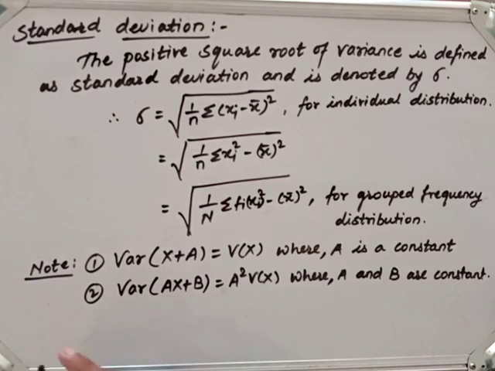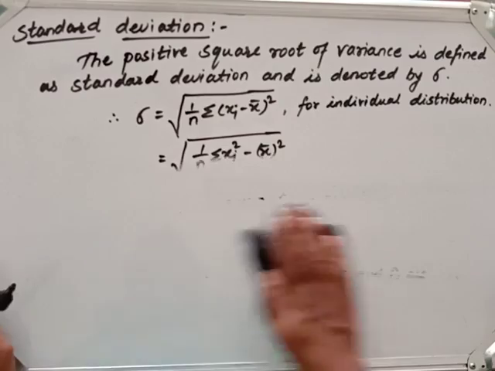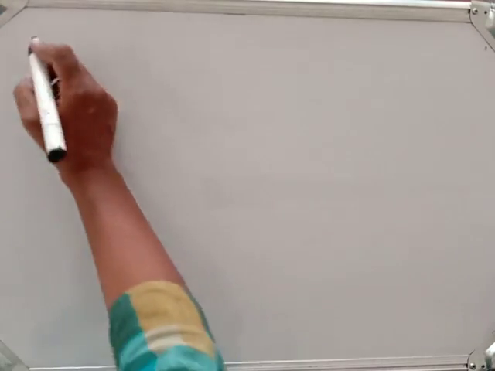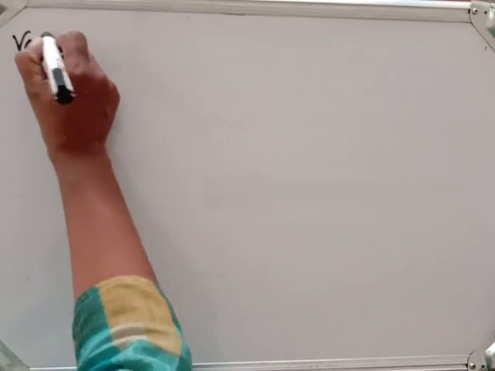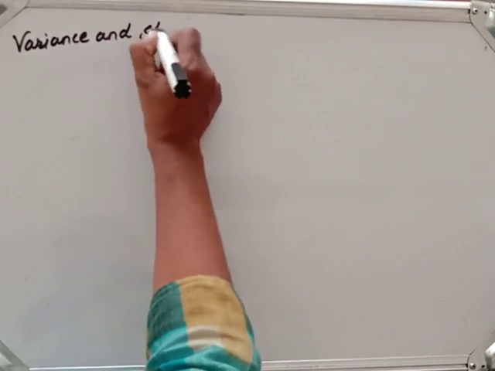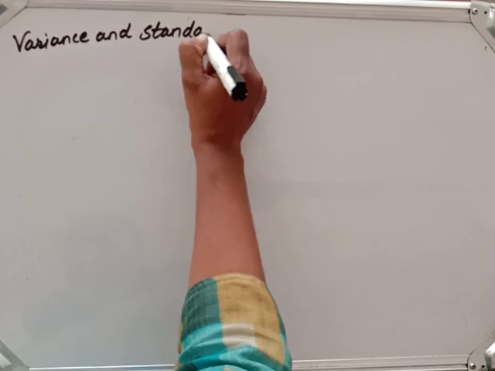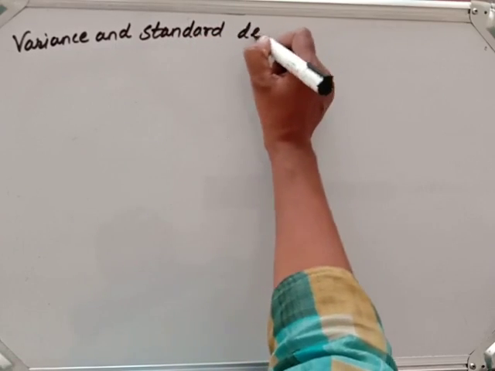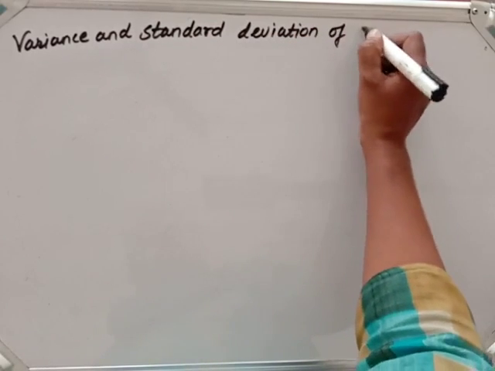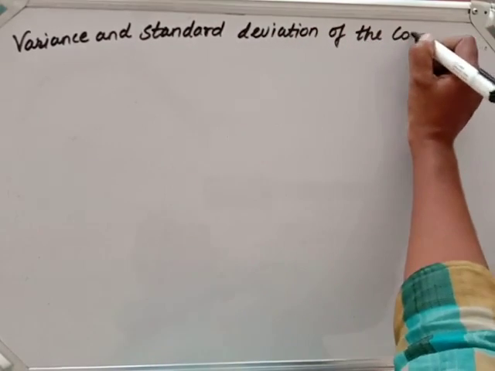These notes are important for small questions, simple answer questions. Now, after this, let us see the variance and standard deviation of the combined group, or for combined arithmetic mean.